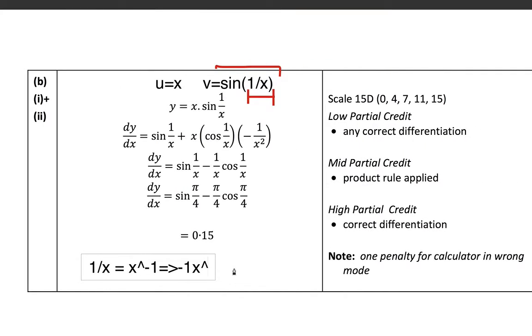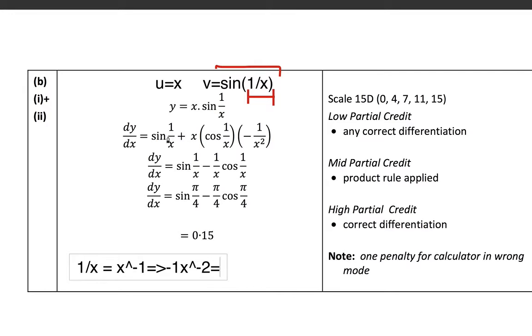Minus 1 is minus 2, which is the same thing as minus 1 over x to the power of 2. When you have a negative power, it just means you can put it under the line.